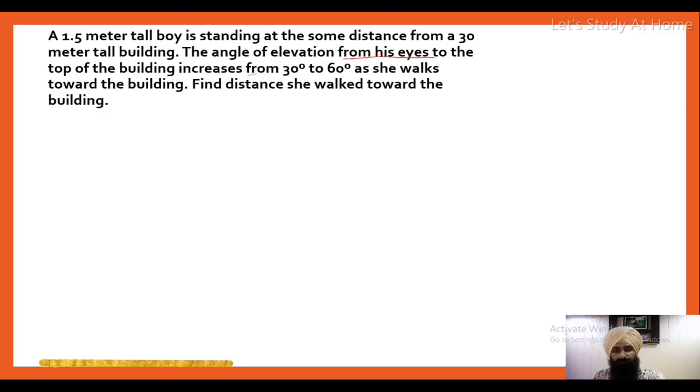One thing given here is very important, from his eyes. I will explain after this. And the angle of elevation of the top of the building increases from 30 to 60 as she walks toward the building. Find the distance walked toward the building.